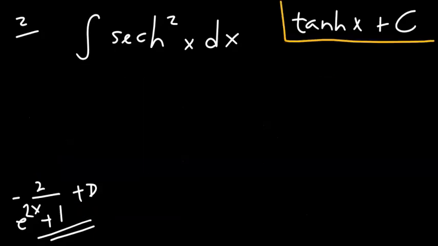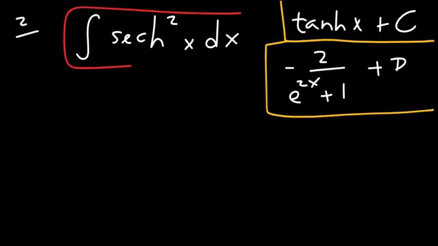So let's jot this answer below on top here, minus 2 over e to the power 2x plus 1 plus an integration constant d. So for the same integral, we seem to have two results. As long as the integral is an indefinite integral, namely does not have any lower or upper limit, both these forms are acceptable.